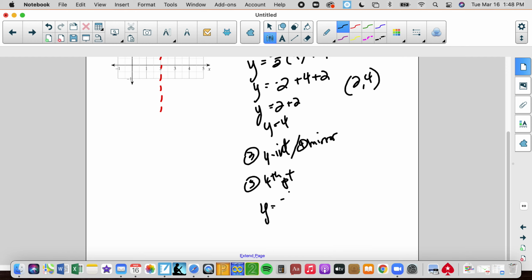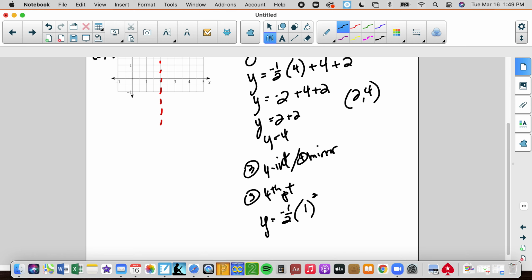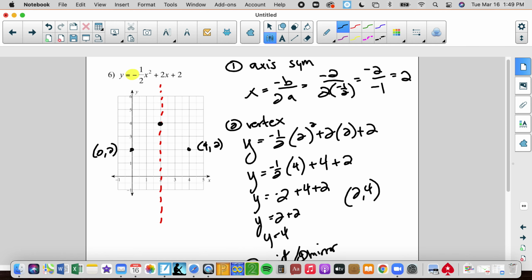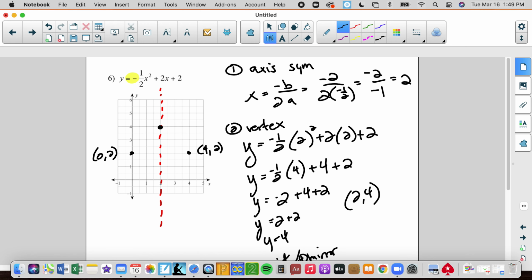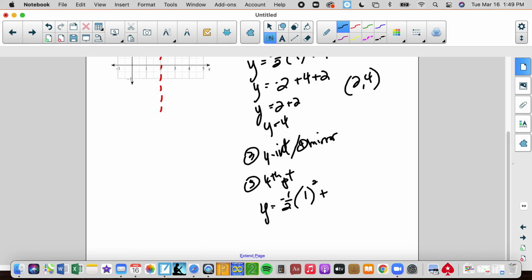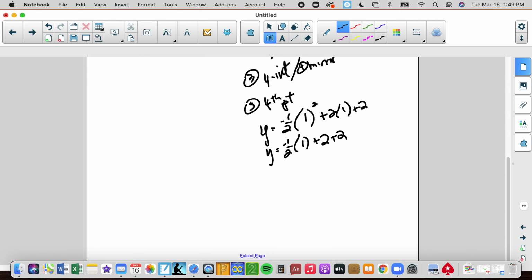Y equals negative 1/2 times 1 quantity squared plus 2 times 1 plus 2. So negative 1/2 times 1 plus 2 plus 2.